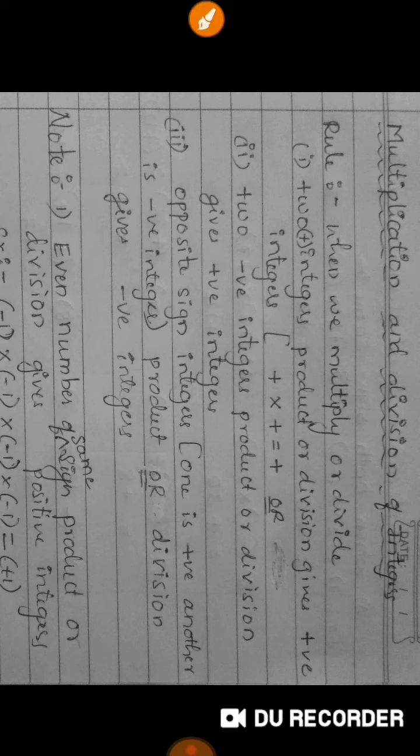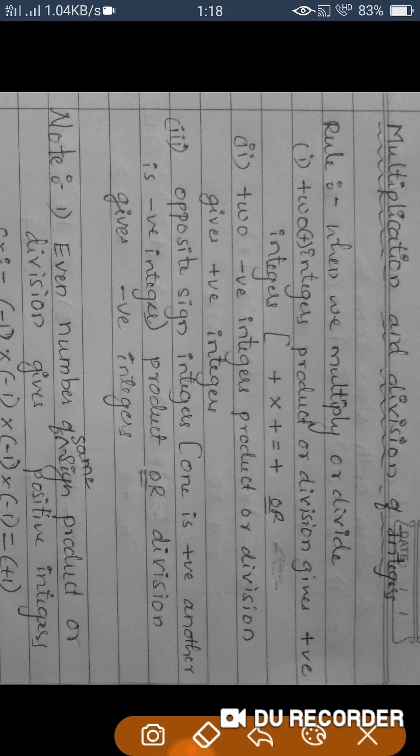Rule number 1: when we multiply or divide two positive integers, the product or division gives positive only. That means positive into positive gives a positive itself. Then what about the numerals?